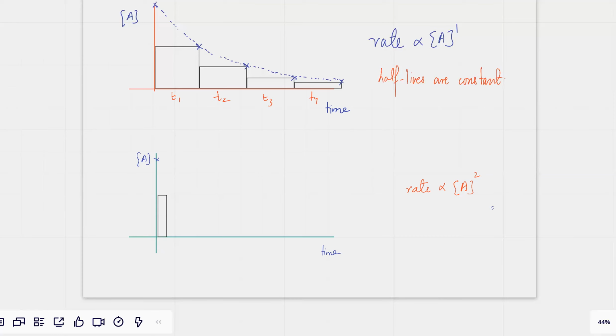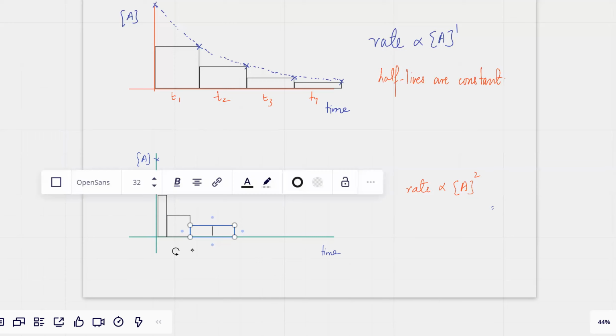Then it decreases to half again, and this time the half-life is double because the reaction is slowing down. So it's going to take a longer and longer time. So the time is increasing now. The third one, it now decreases to half again.